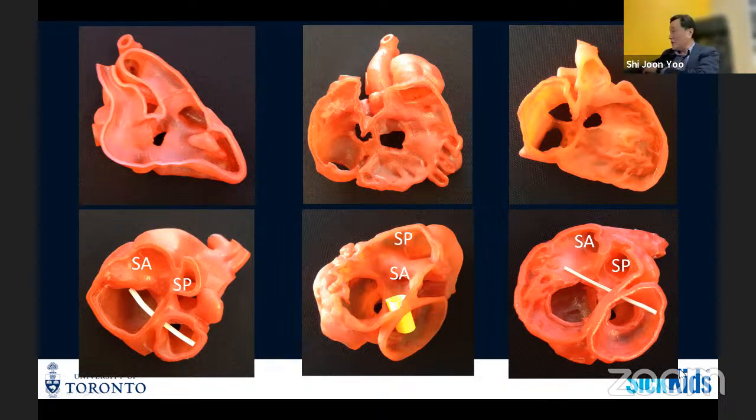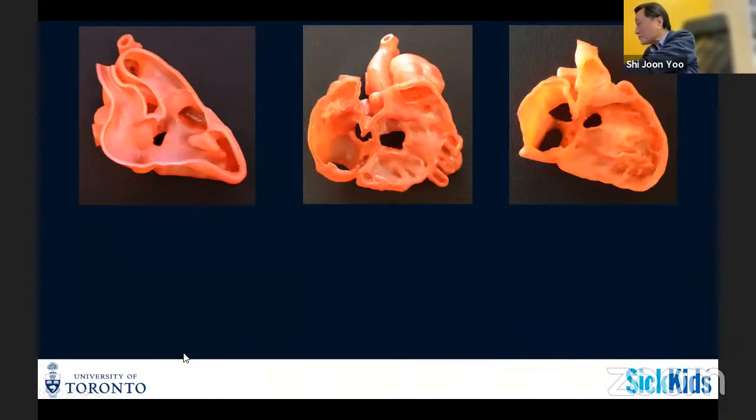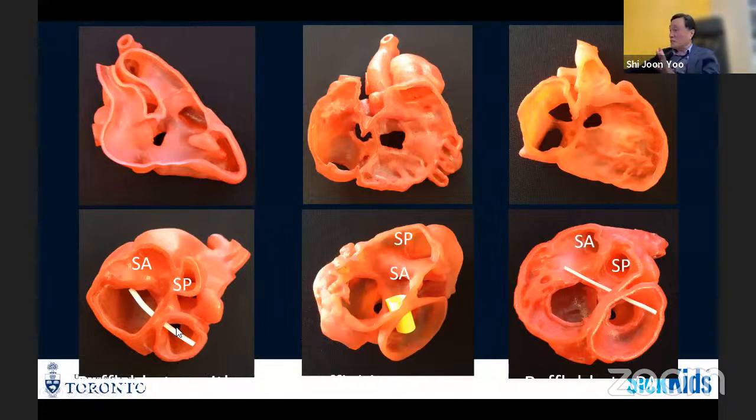Yes. Okay. Here, this remote VSD is close to the subaortic outflow tract. This VSD is close to the subpulmonary outflow tract. So what I'm advocating is that when you define a remote VSD, it is always better to define whether the defect is not baffleable, or baffleable to the subaortic outflow tract, or baffleable to the pulmonary outflow tract.